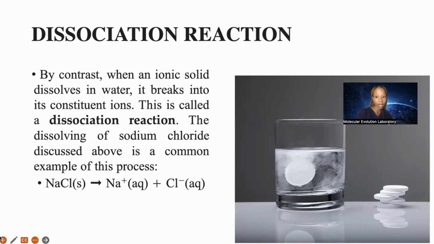What is a strong electrolyte? And a dissociation reaction. So here we see that sodium chloride as a solid is dissociated into sodium cations and chloride anions in aqueous solution. So this is representing the dissociation reaction.